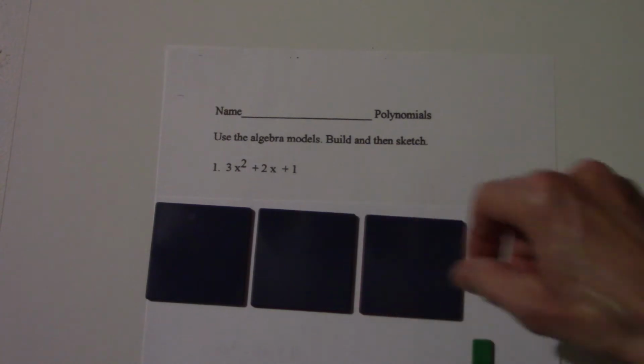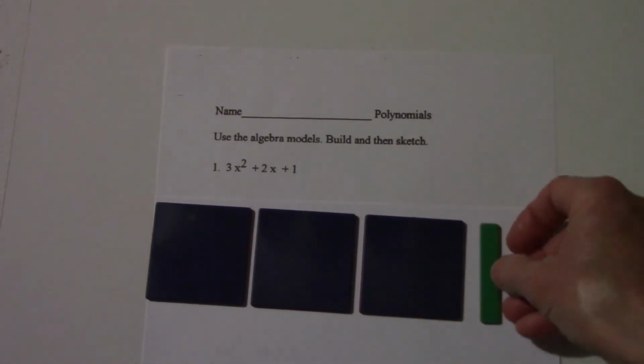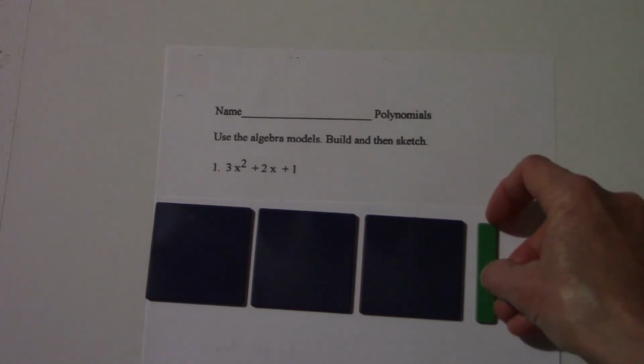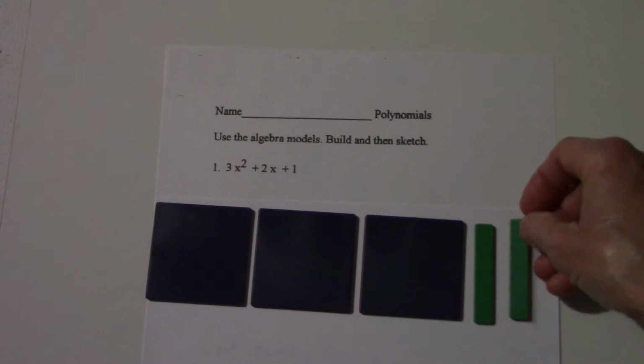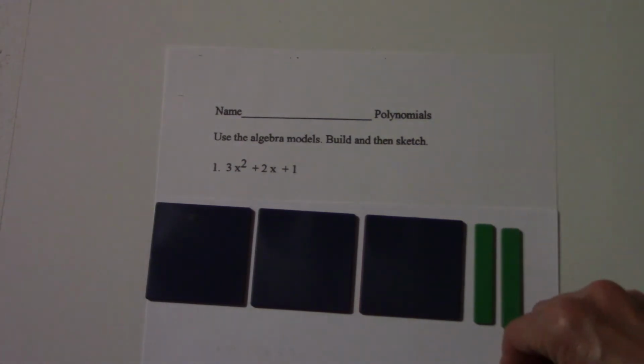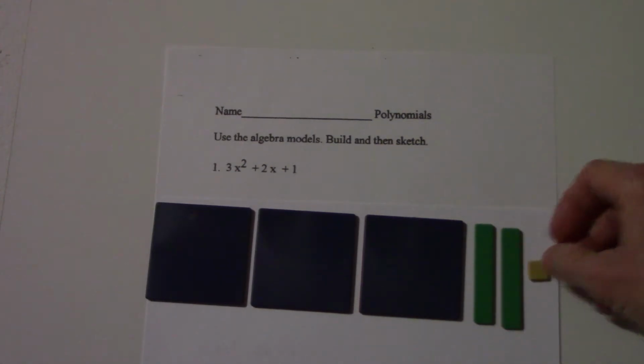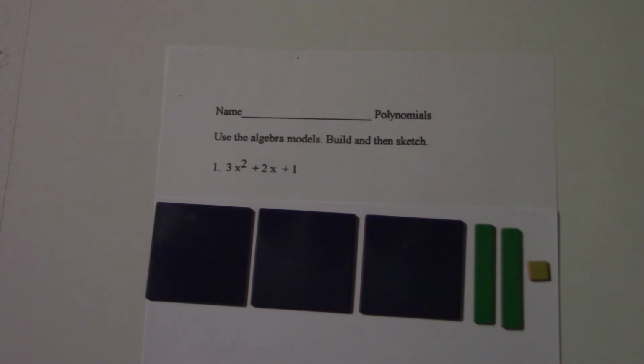I don't want them to touch because I want to be able to see each different tile. And then I have 3 of the x squared tiles, 2 of the x tiles, and 1 by itself. So this is a model that shows 3x squared plus 2x plus 1. This is it. I can't simplify it. I can't do anything else with it. It's just what it is.